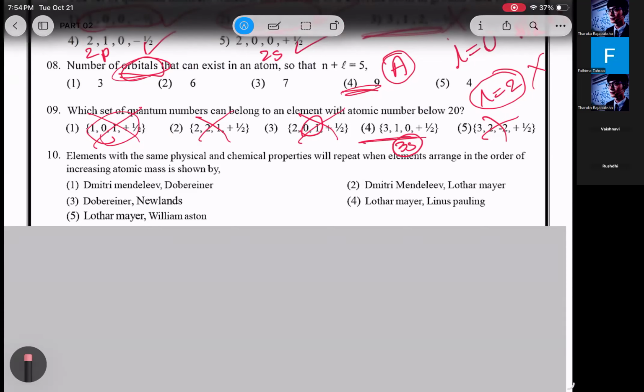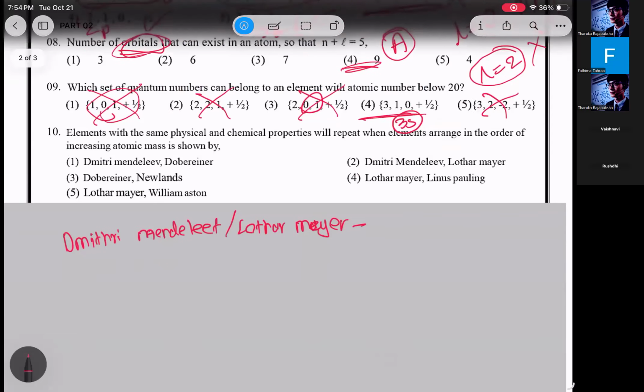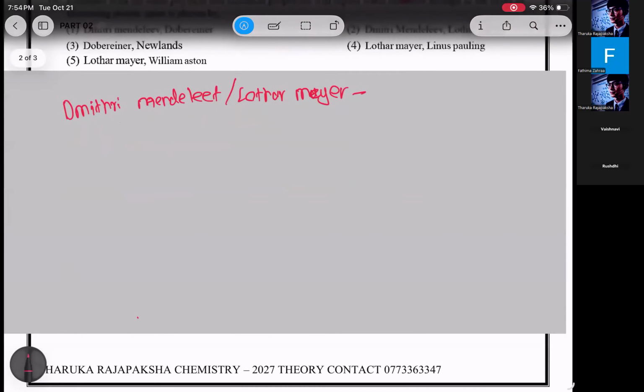Now, this was told by two scientists at the same time. They are Dmitry Mendeleev and Lothar Meyer. What did they tell? Write this down.